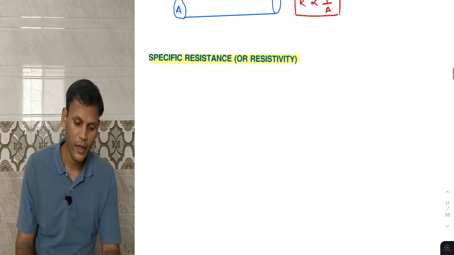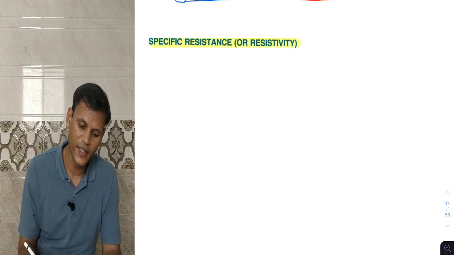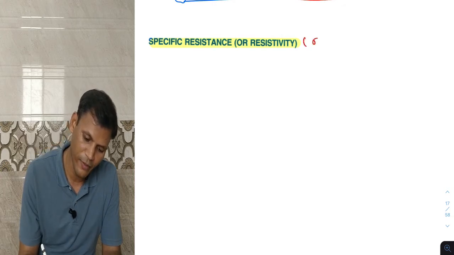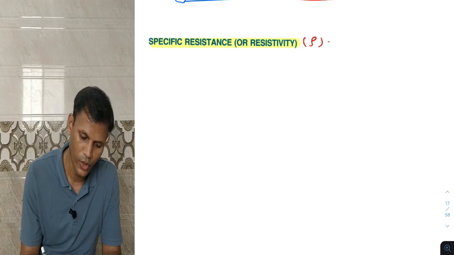So, specific resistance or resistivity, it is represented by rho. Greek word rho. This is rho.